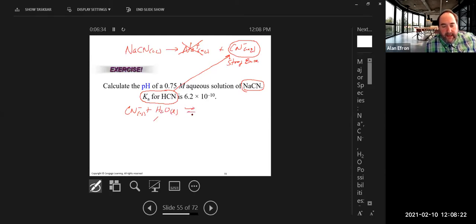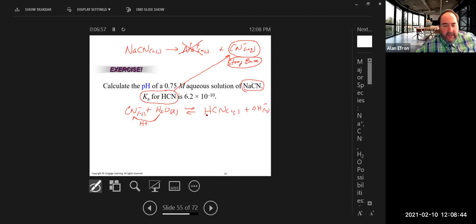And again, understanding that this is really going to be the conjugate base and act as a base, that's going to help us understand that it's going to pick up that H plus. Again, common sense also tells us there is no H for it to give, so it's got to pick it up. So we'll end up with HCN and OH minus.